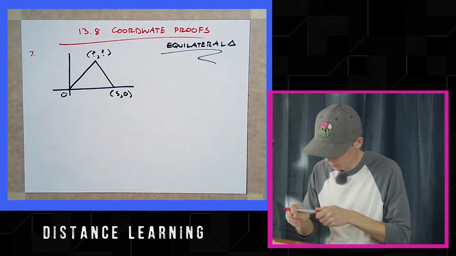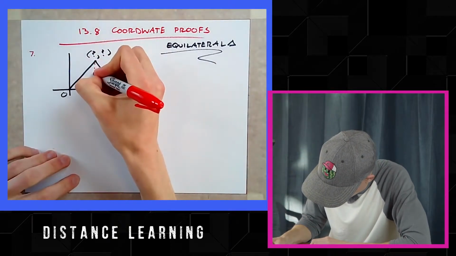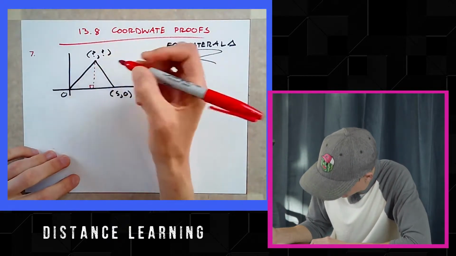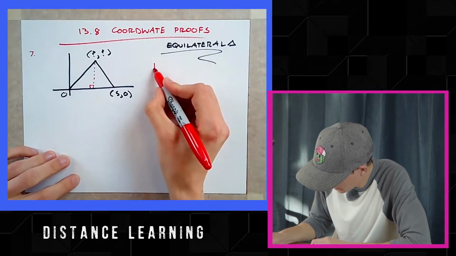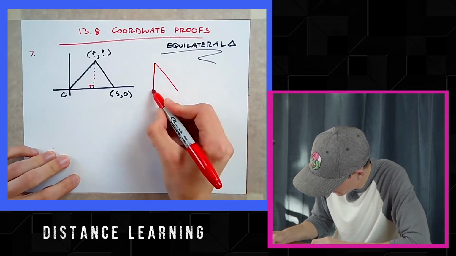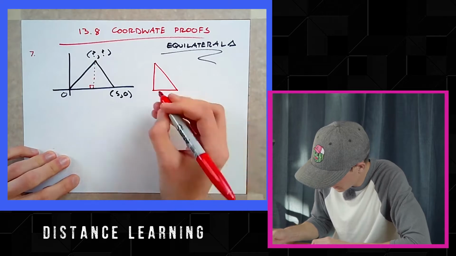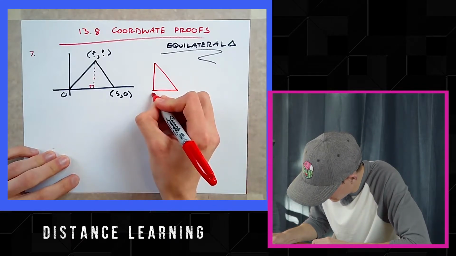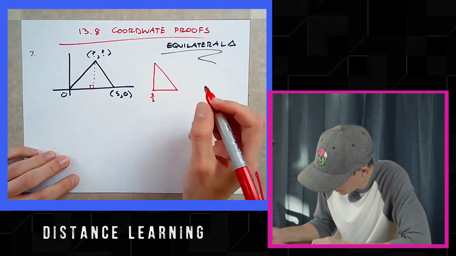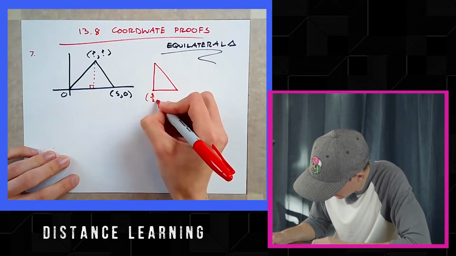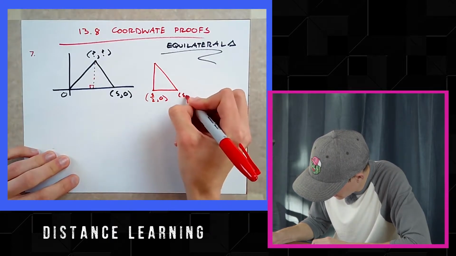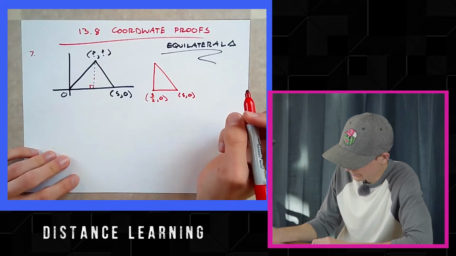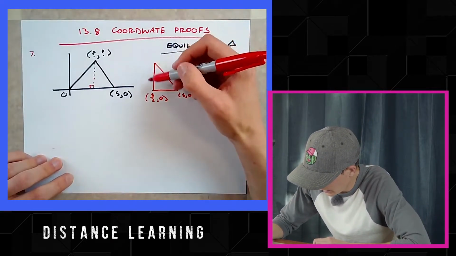I'm going to assume I'm going to have to split it. Right? So if I split it, that means this would be S over 2, right? 0. This is S, 0. And we don't know that.